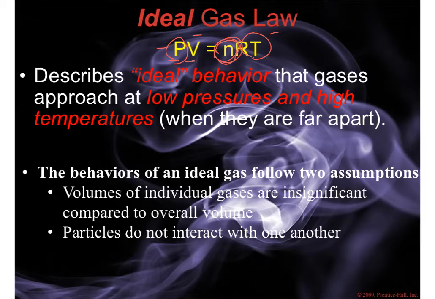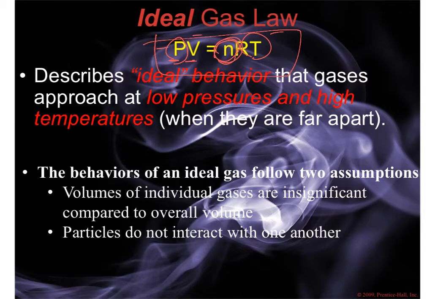Or it could be for any particular variable, whereas the simple gas laws and the combined gas law are for when you have a gas, you know all of its properties at a certain set of conditions, and what you want to know is, if you change one of those variables, like if you change temperature, what is going to happen to the other variables. So simple gas laws involve two different values for the variables, and the ideal gas law involves just one set of variables for a gas.